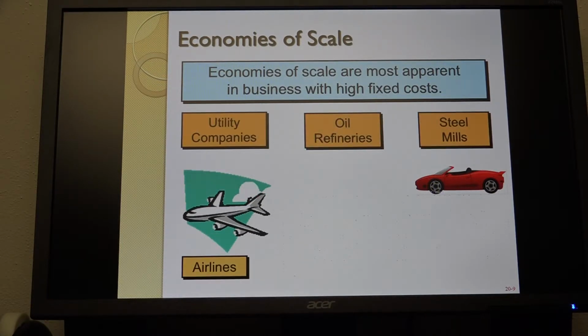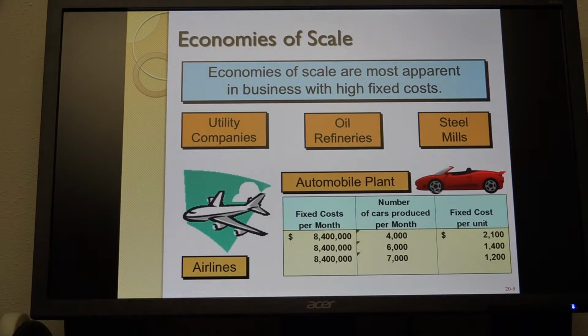Here they talk about economies of scale. I don't really harp on this too much, but what they're pointing out here is that companies that have a high fixed cost can leverage those assets to make more things, okay?